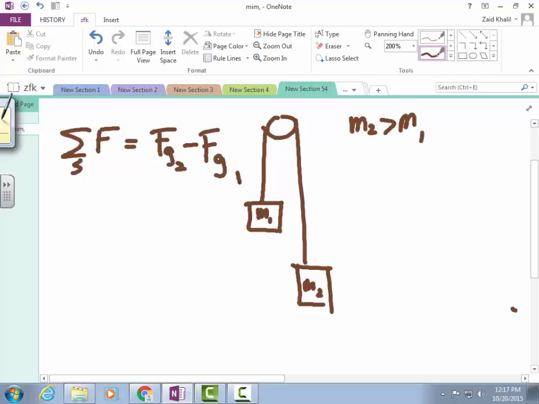What is that going to equal? That's the net force on the system. Therefore, it's equal to the mass of the system times the acceleration. That's right. What's the mass of the system, though? That's right.